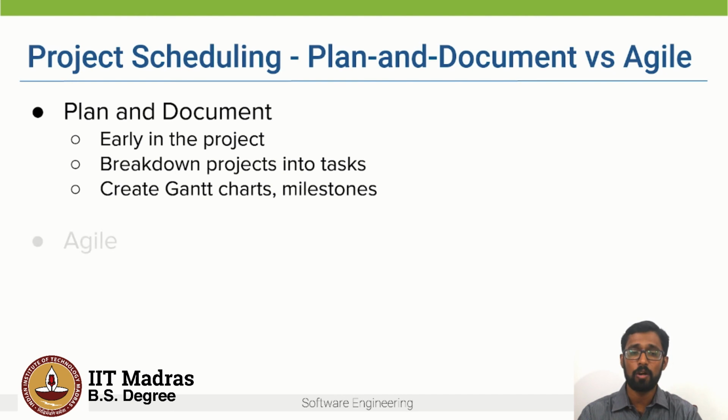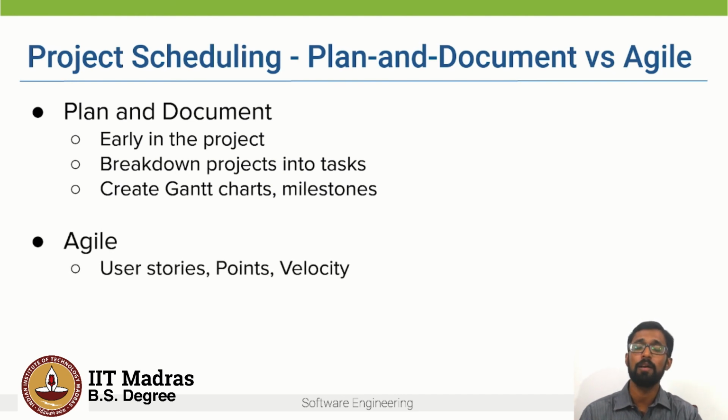Whereas in the agile perspective, we create user stories, assign points to these user stories, and calculate velocity, and this term velocity helps us schedule the iterations and sprints and how much time the project will take to complete.